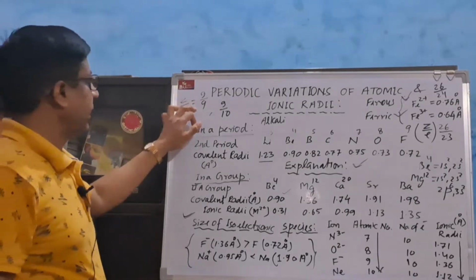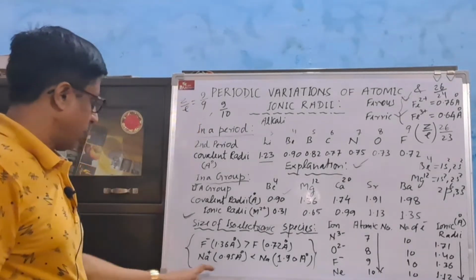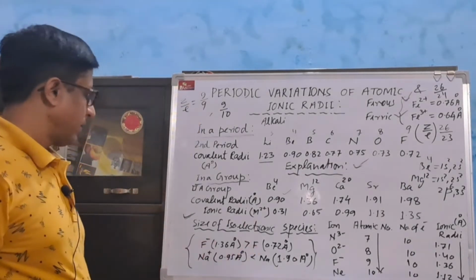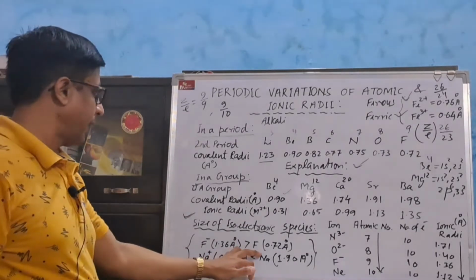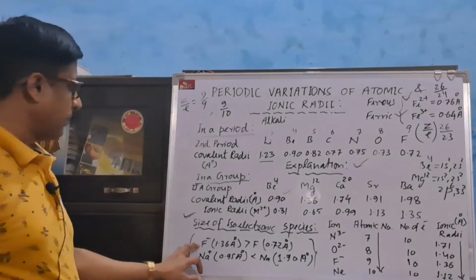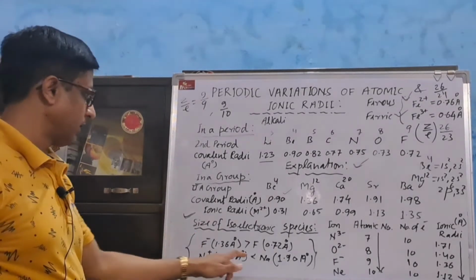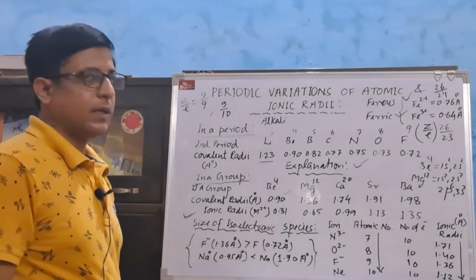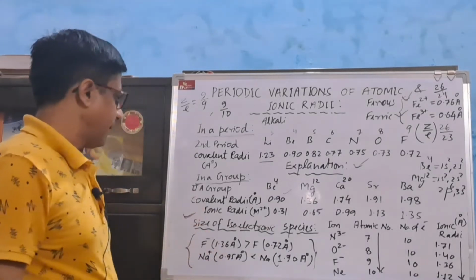Thus, the Z upon E ratio is more in case of fluorine as compared to fluoride ion. Therefore, the size of fluorine is smaller than the fluoride ion.